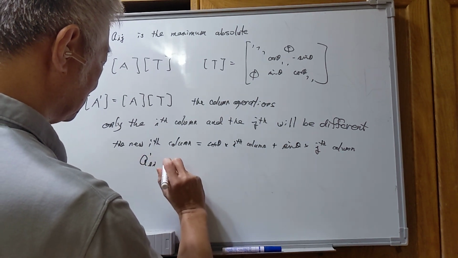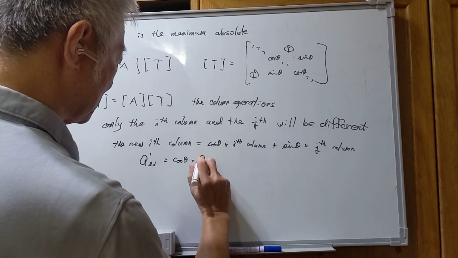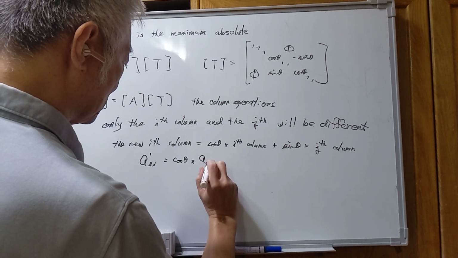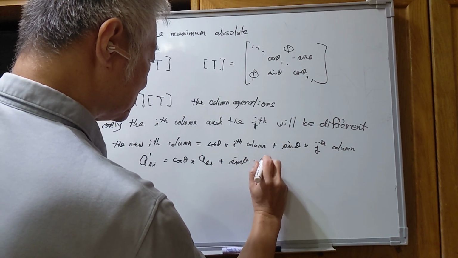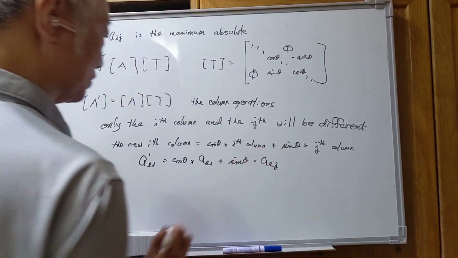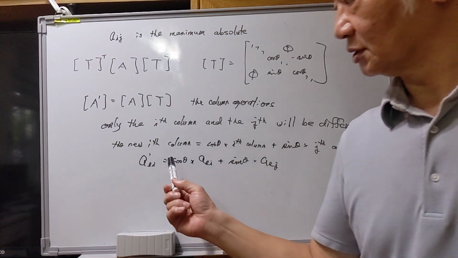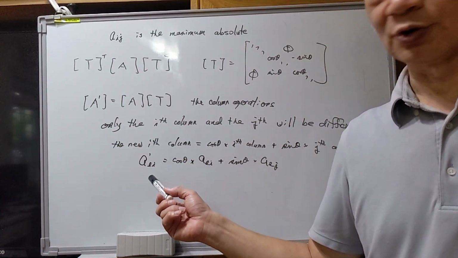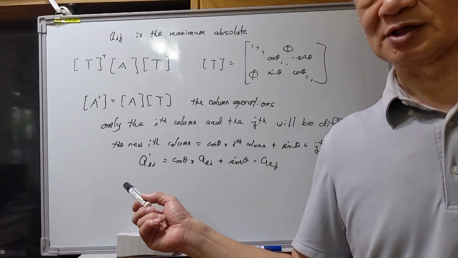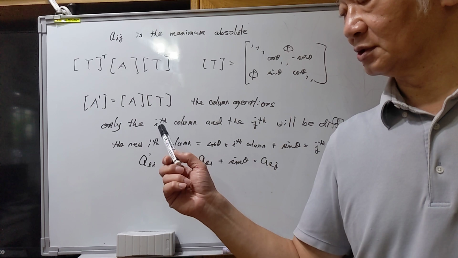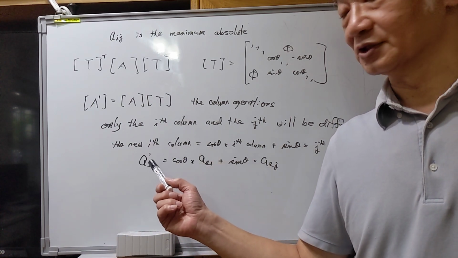So you can get A_li prime equal to cosine theta times A_li plus sine theta times A_lj. For the new elements in the ith column, the second subscript is always equal to i, so l is a variable.